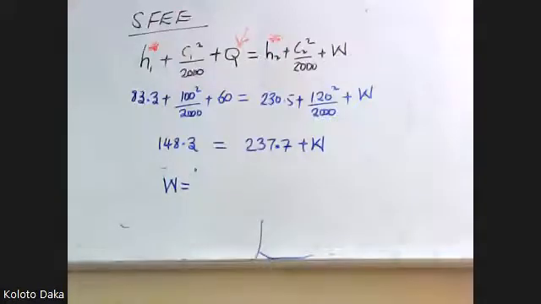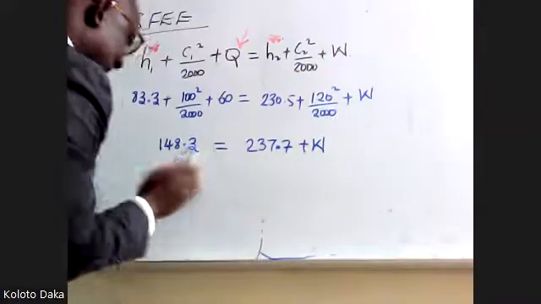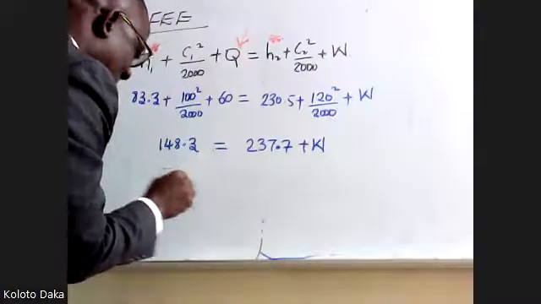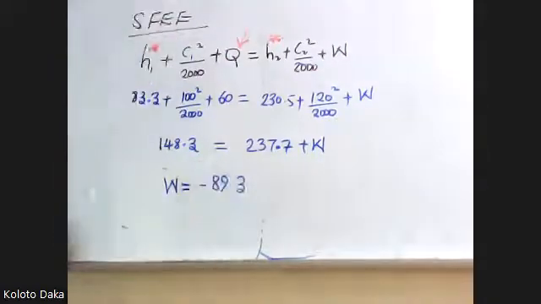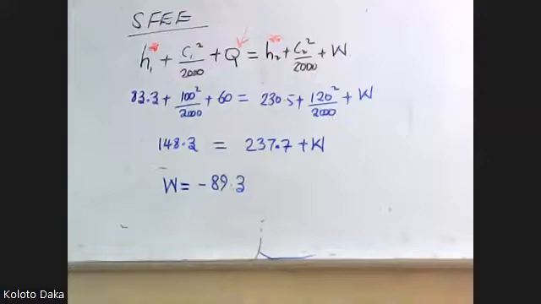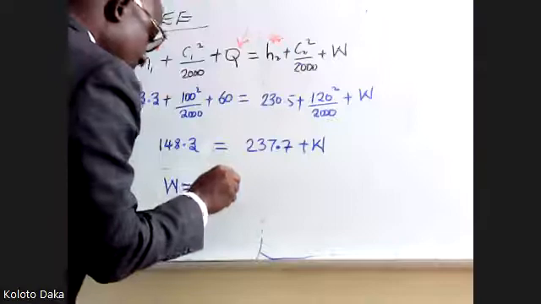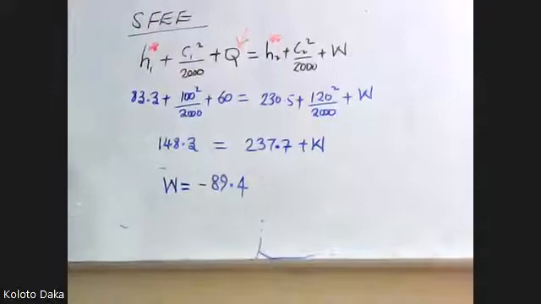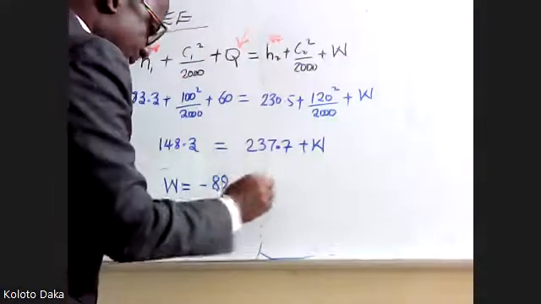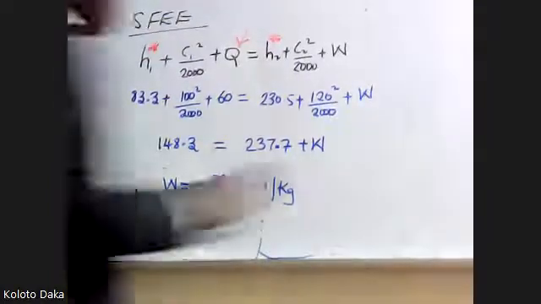The work is negative 89.4 kilojoules per kg.